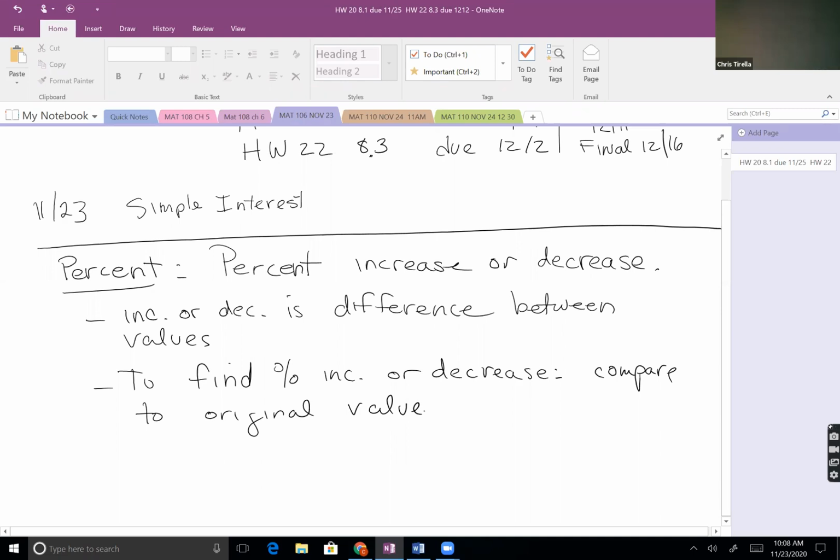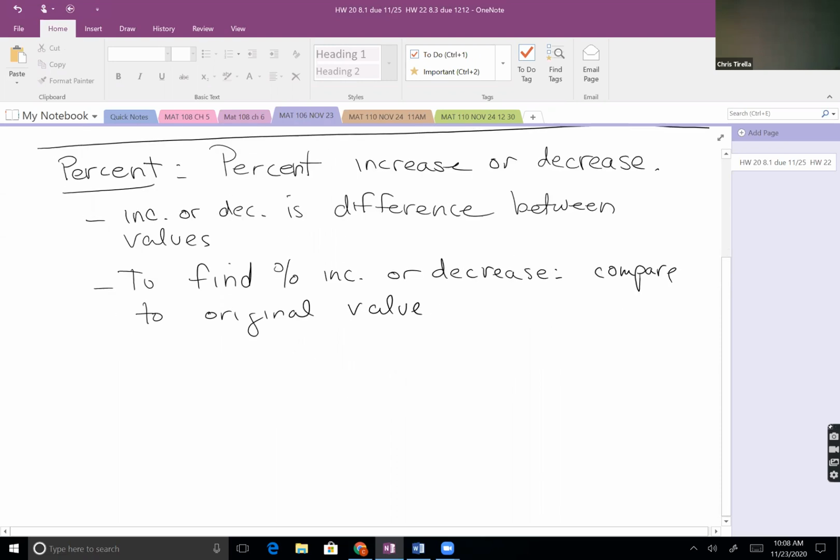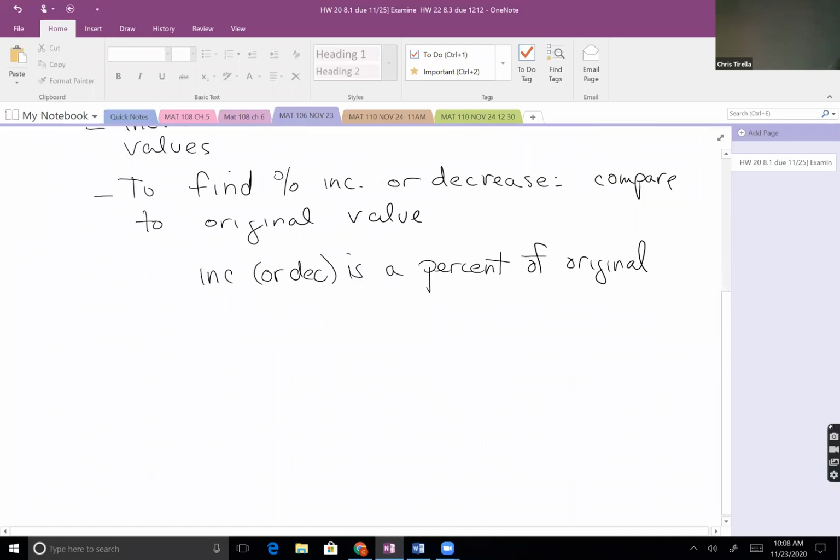And so what we're going to do is we're always going to say that the increase or decrease is a percent of the original, or we're going to make a fraction.